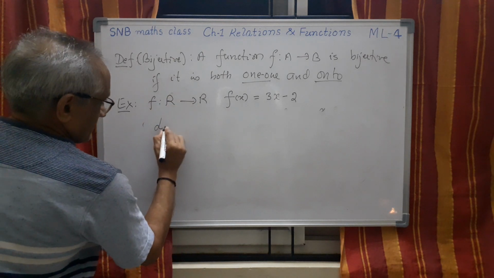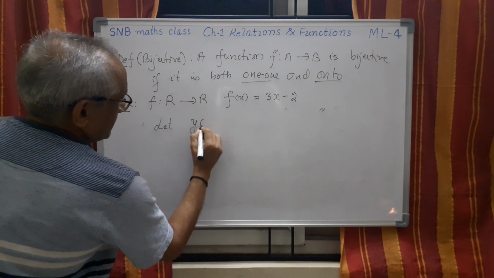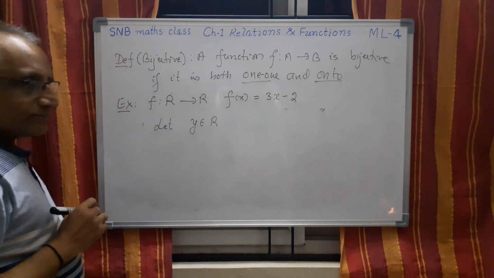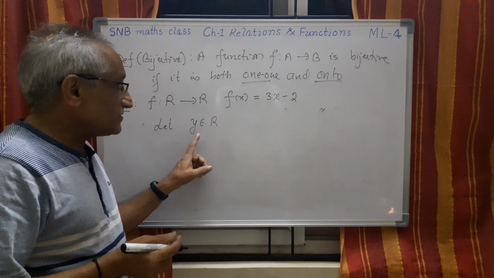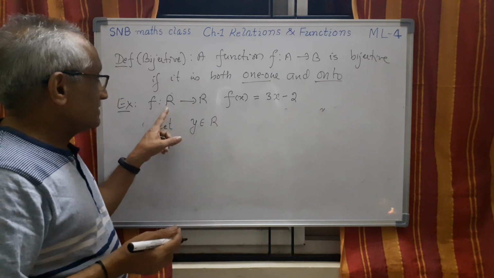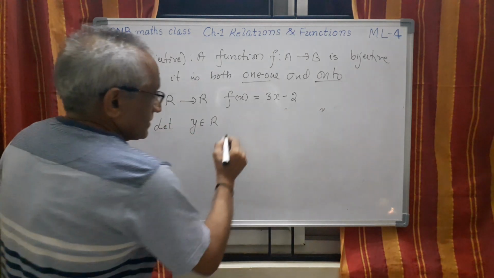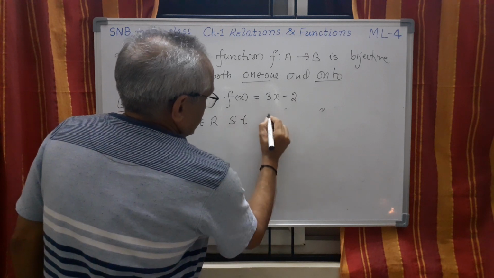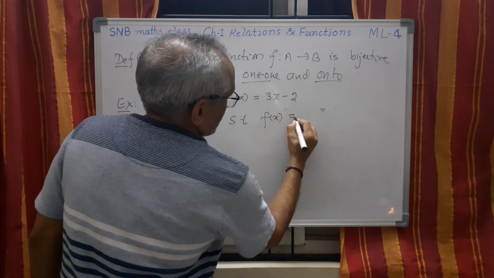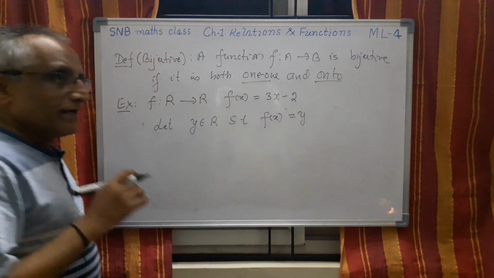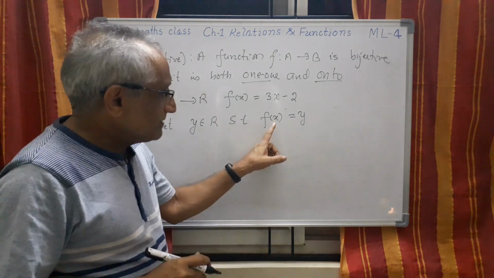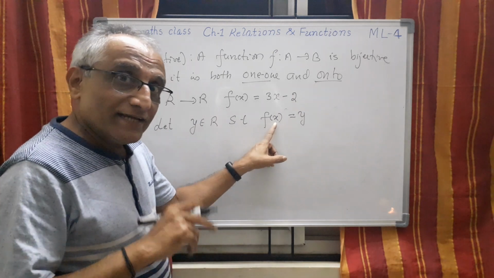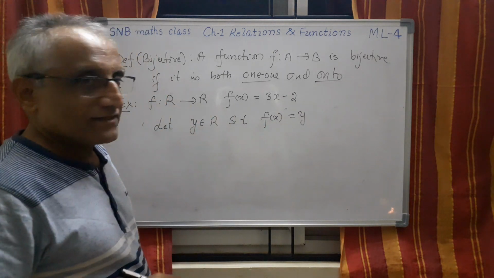So let y be in R. Then what I have to show is that this y is the image of some real number which is here, such that f(x) = y. Now my question is, is it possible to produce an element x, which should be a real number, which is here? That is the question.